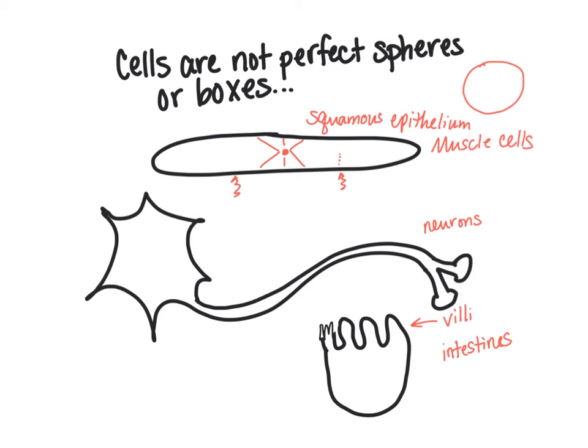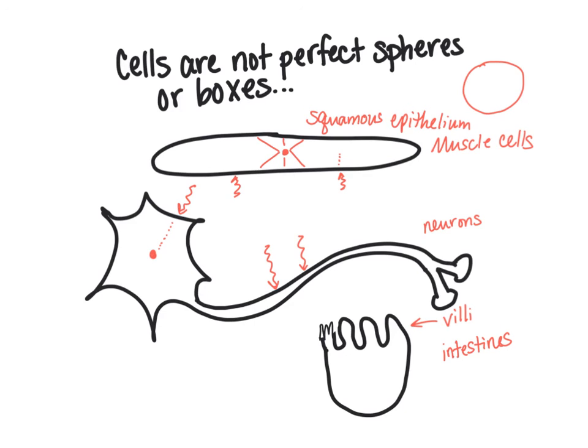Same thing with neurons: no part of the neuron is very big. They're these long, skinny cells, and they have these cellular extensions. So once again, as nutrients are trying to get into all parts of the cell, they can get to the middle of the cell pretty quickly and efficiently.